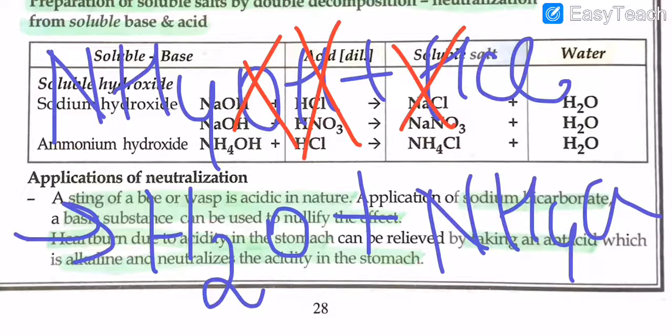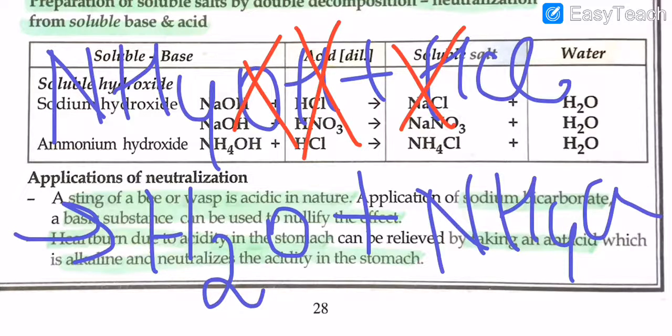These kinds of reactions are used in day-to-day life. That is why it's given in your textbook, so that you can remember this in real life and use it if, God forbid, you ever get a bee sting.